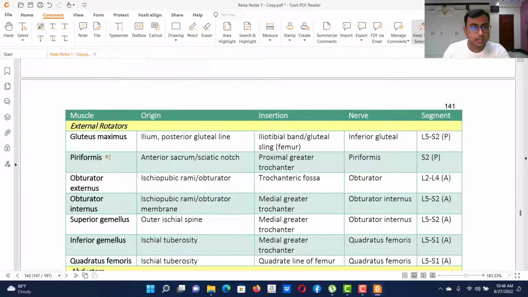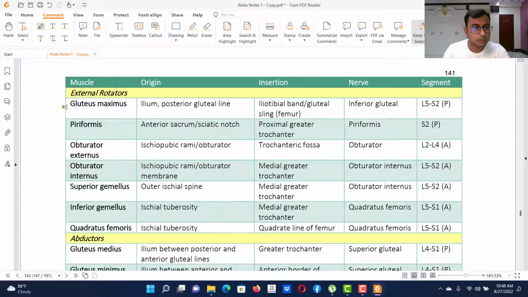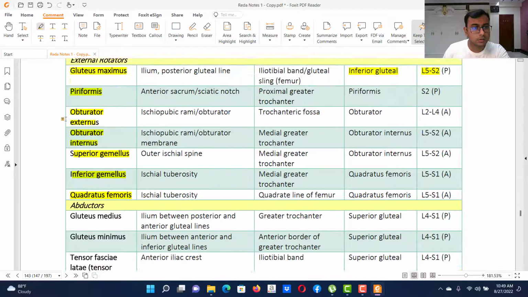Okay, now the external rotators. So rotators of the hip: gluteus maximus, inferior gluteal nerve, L5 to S2. Okay, now piriformis, obturator externus, obturator internus, superior gemellus, inferior gemellus, and quadratus femoris. So these are the rotators of the hip.